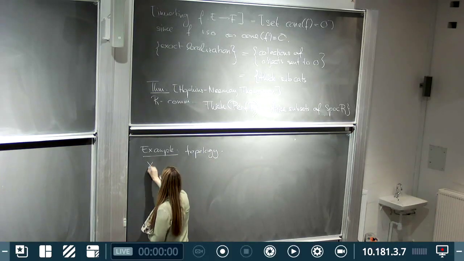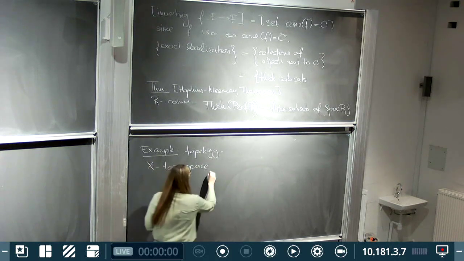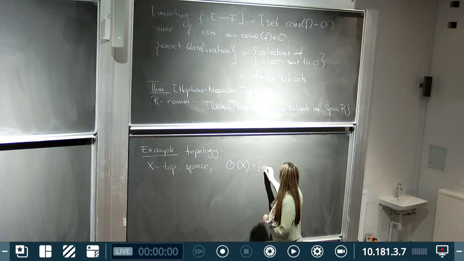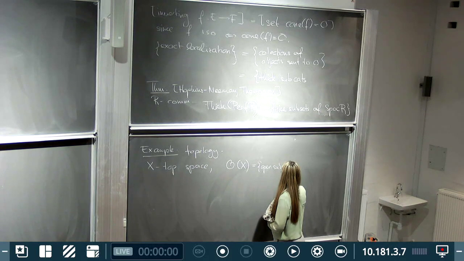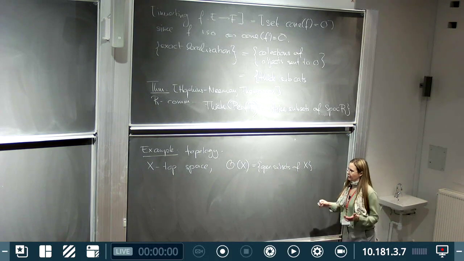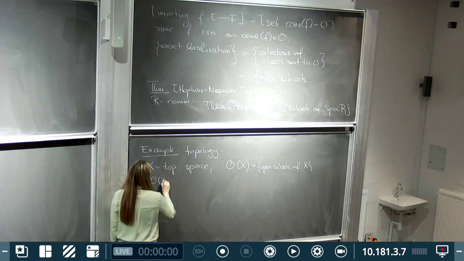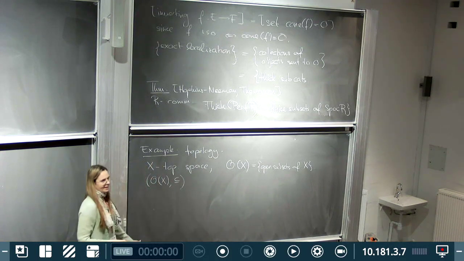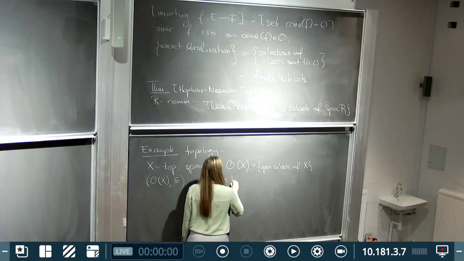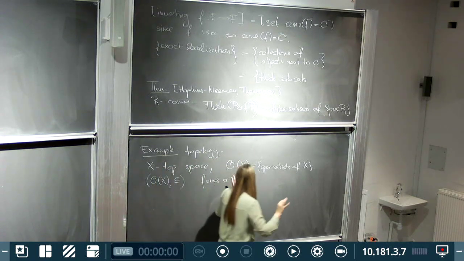So we have a topological space X with a topology O of X. So these are the open subsets of X. And this is very important for us: O of X under inclusion forms a lattice. You just have to check that binary meets and binary joins exist.